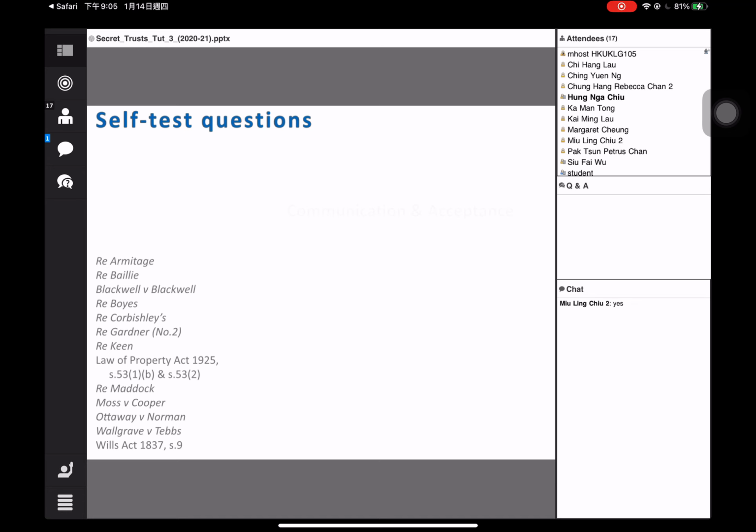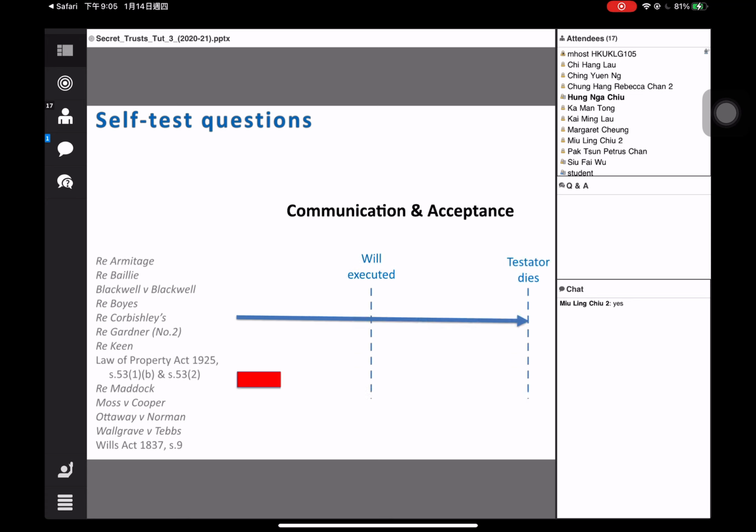Which brings us neatly onto the next question. How do the communication and acceptance rules differ for these two types of secret trust? Well, fully secret trusts. When must communication and acceptance take place for a fully secret trust?